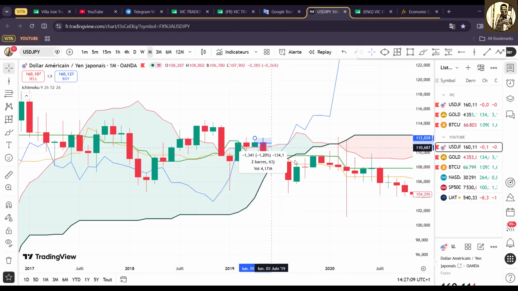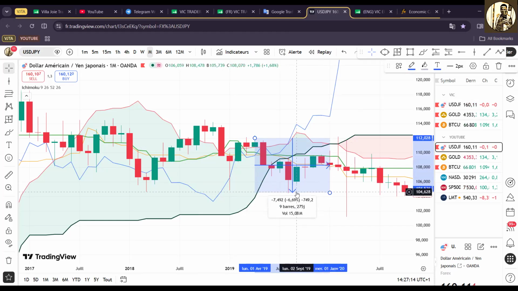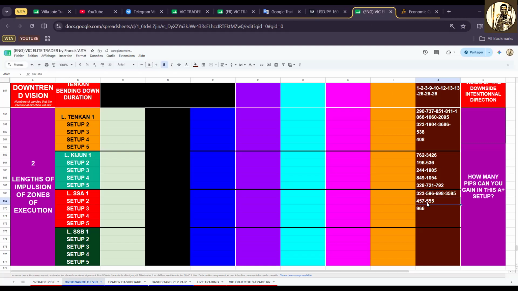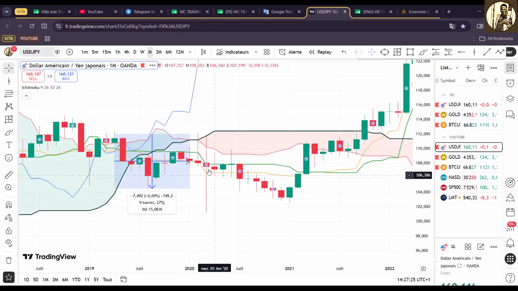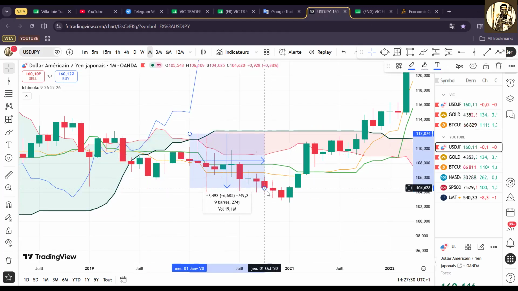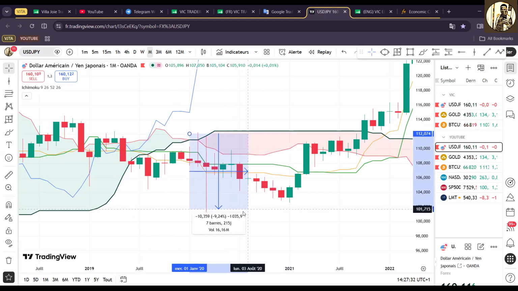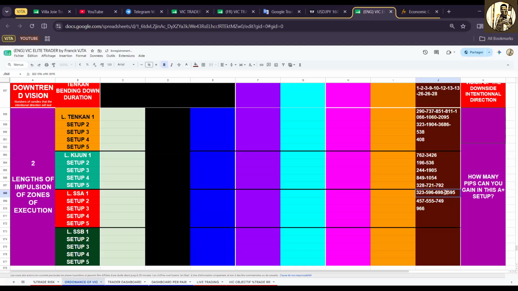And then from this second touch to the downside like this, it is 749. And then from this touch to this touch like this to the bottom here, 1082. 1082 for the first touch.